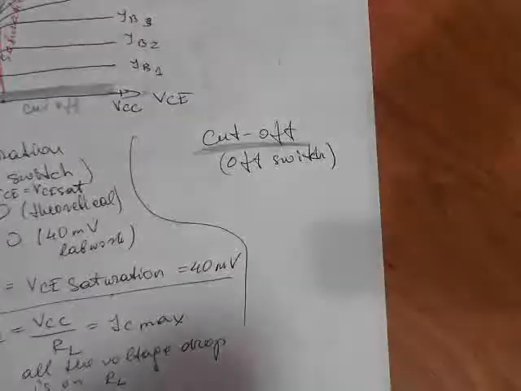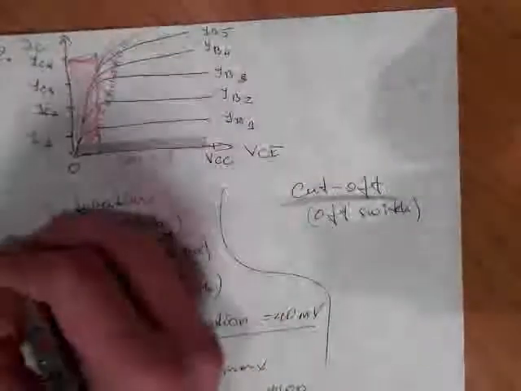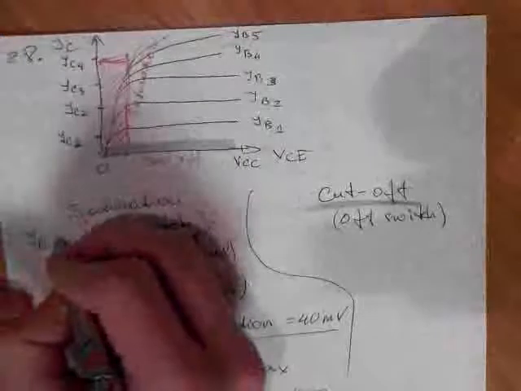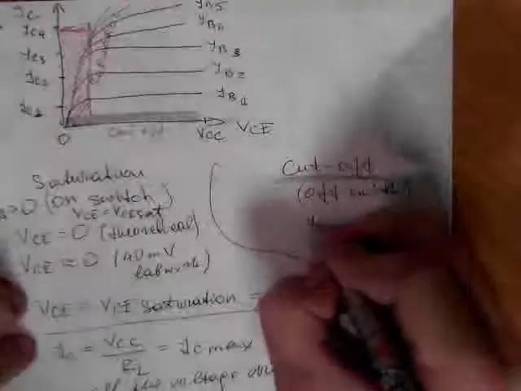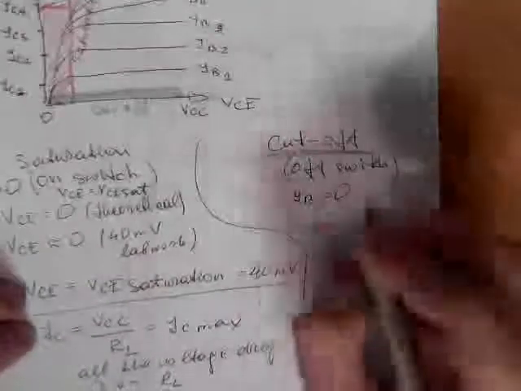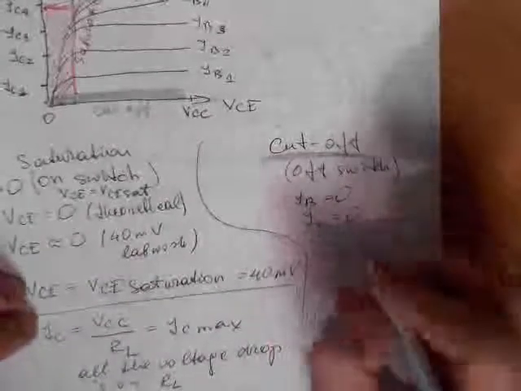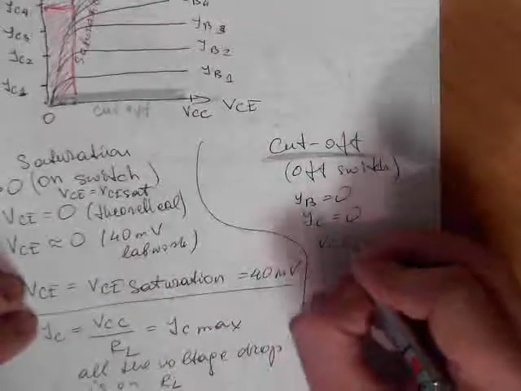So the cutoff region is very simple. In this cutoff region IB is 0, IC is 0, and VCE is equal to VCC.